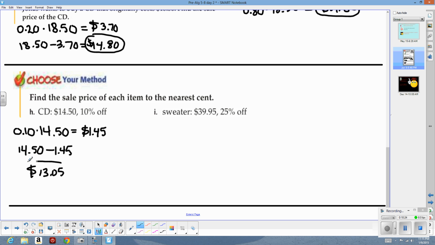The one-step shortcut method, if it's 10% off, that means you're going to pay 90%. So 90% times the price, $13.05.